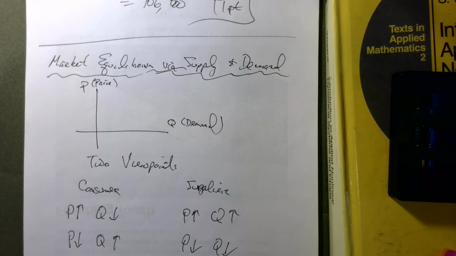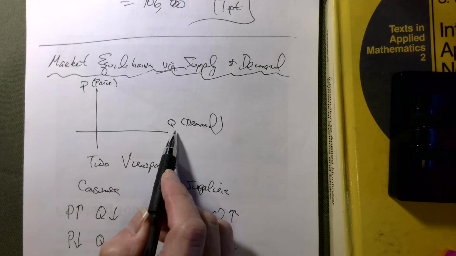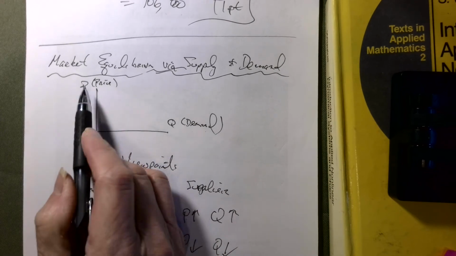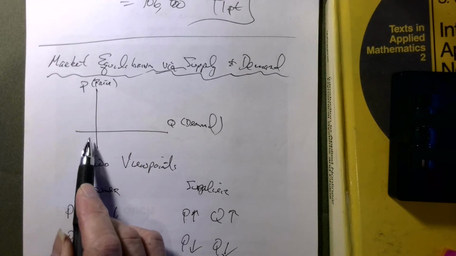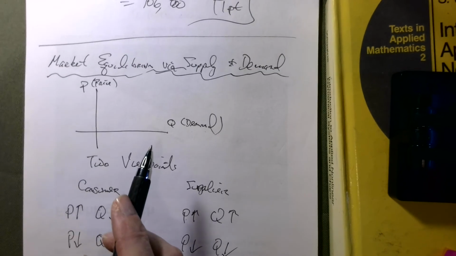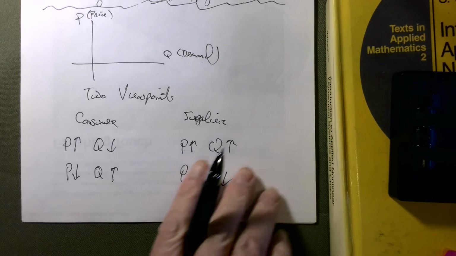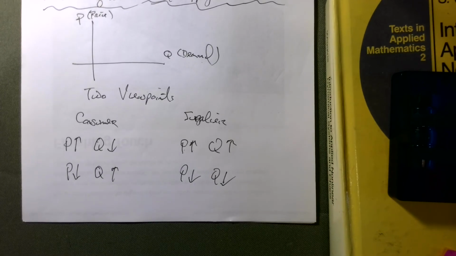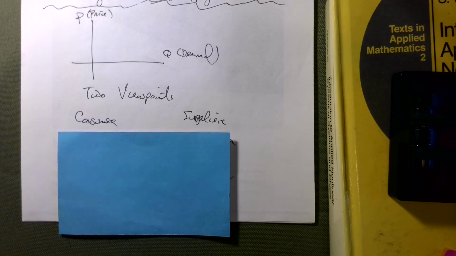Now, what the economists are going to do is put the demand, which I'm going to call Q for quantity, on the x-axis, and the P for the price on the vertical axis. And we want to think about the following. We have two viewpoints. We have a consumer's point of view, and we have a supplier's point of view.